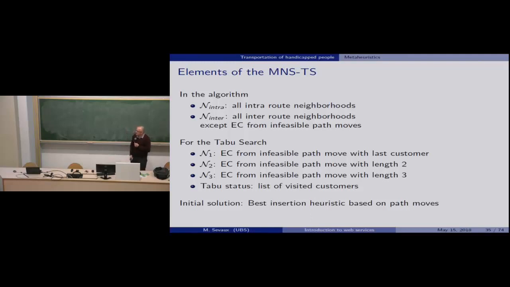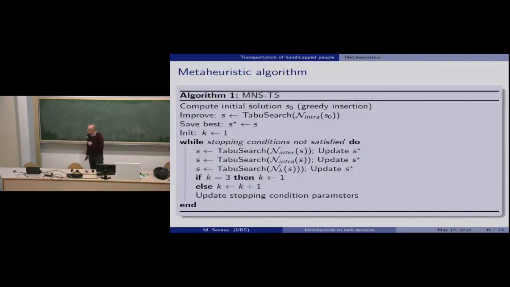And then the taboo status is the list of visited customers. So this is easy to store, easy to calculate, of course. And the initial solution, in our case, was the best insertion heuristic based on path move. So we start with an empty solution, and then we use the best insertion heuristics.